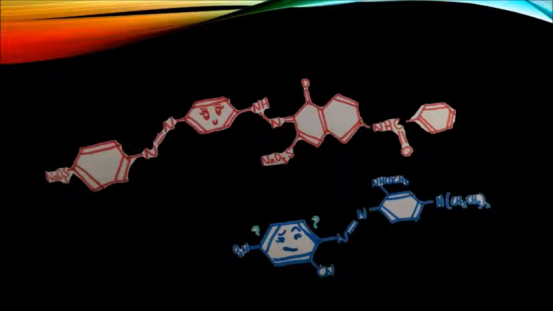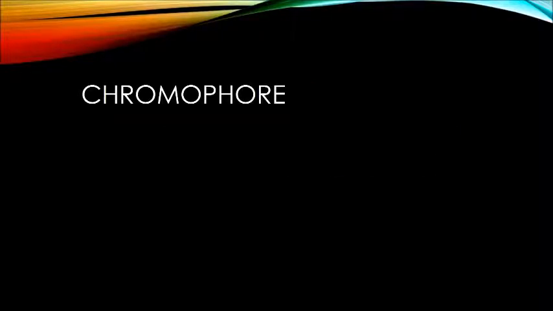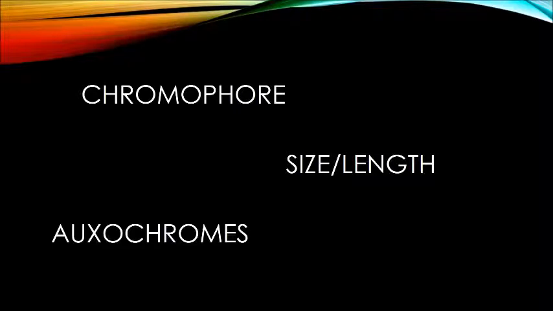Well, you see, chromophores do not correspond to one specific color. This is because a molecule's color is due to multiple factors, including the chromophore, molecule length or size, and oxychromes. Again with the big words! Oxychromes are just helper functional groups.